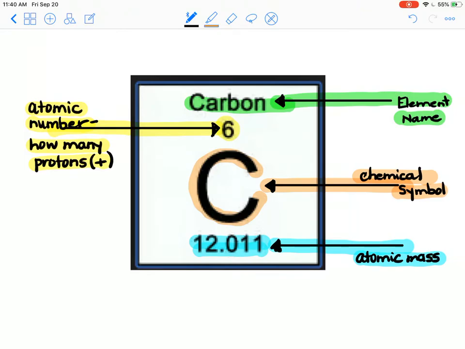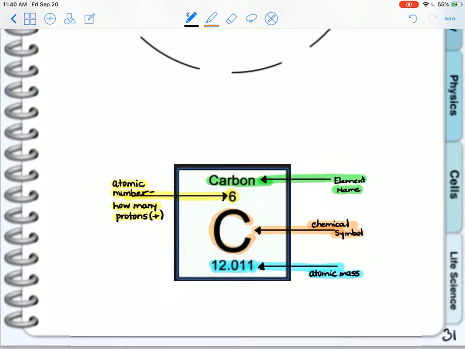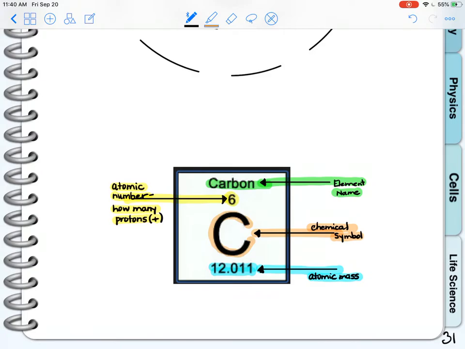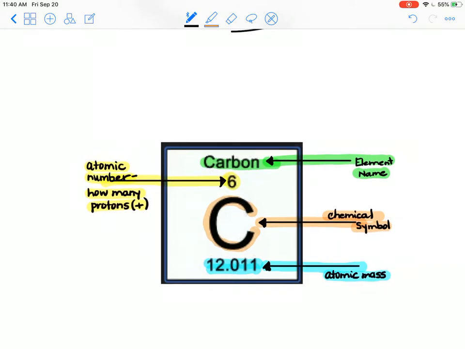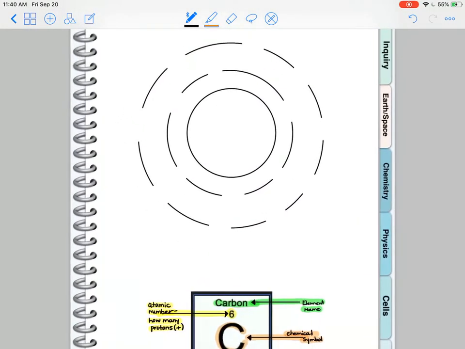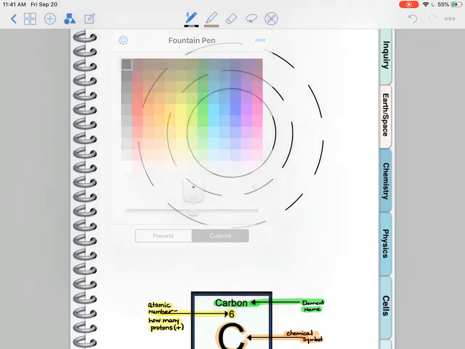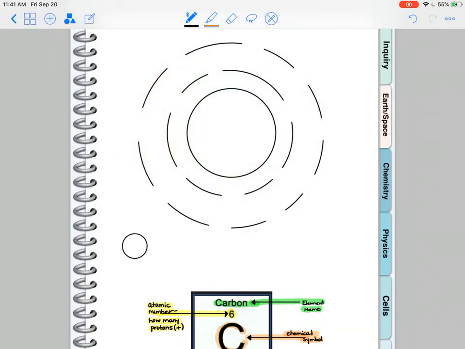So what does this mean? How does this help me understand an atom? Well, one thing I need to show you is that nowhere does this mention the number of electrons. So let's come up here to our model, and I'm going to go ahead and draw myself a circle so that I don't have to keep doing this.